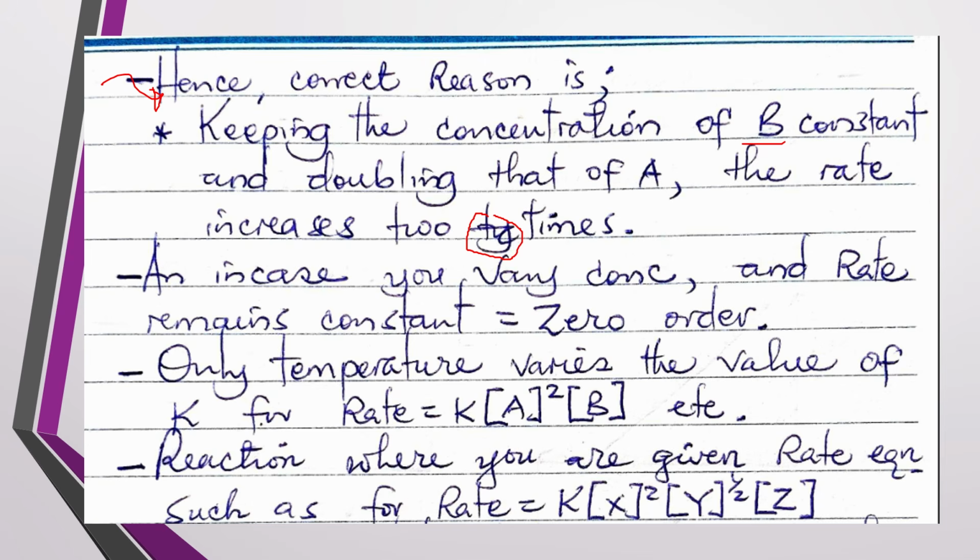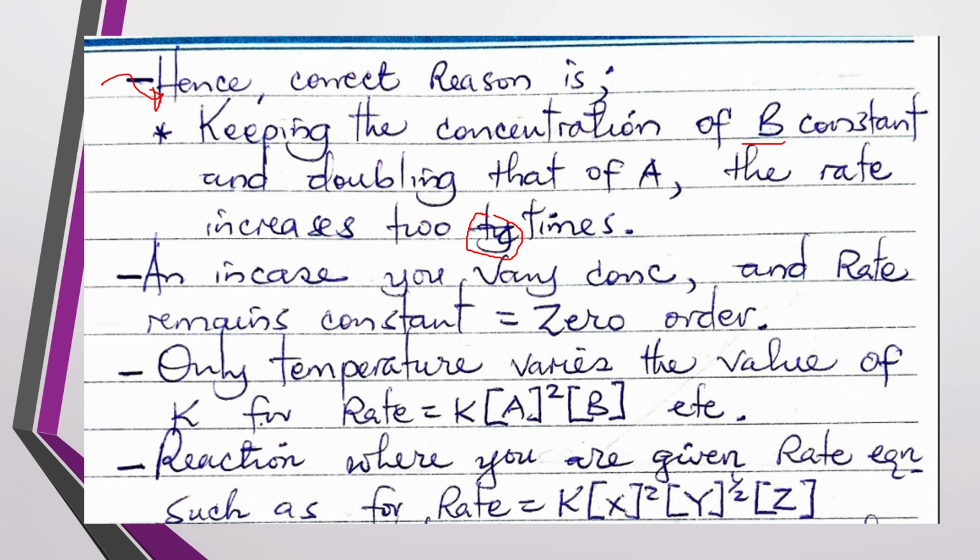So you simply say that keeping the concentration of the other reagent constant and doubling this one, the rate is going to increase 2 times. Avoid the word by. That's a very, very common mistake done by majority of the students, and it has led to penalties in the examination halls.